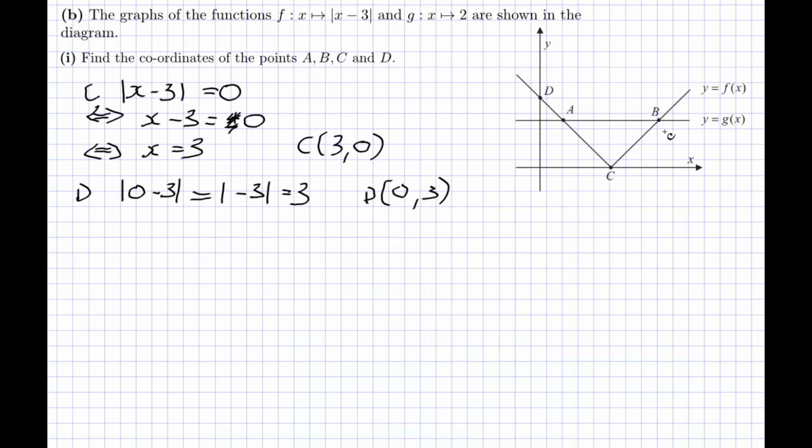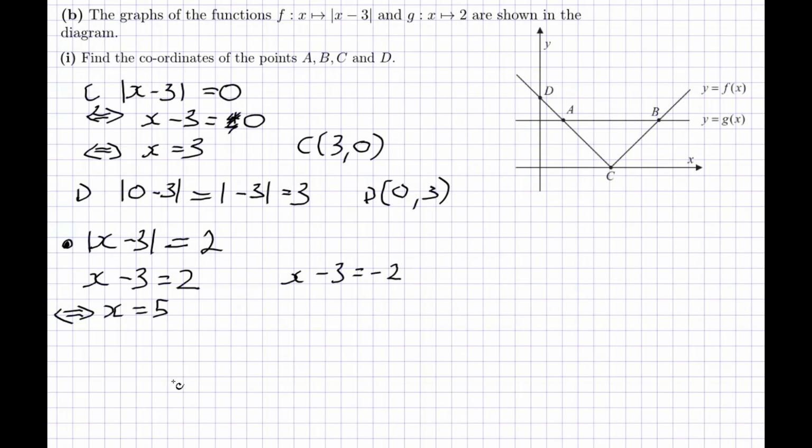Now, figuring out A and B is a little bit more difficult, but again, it's just an intersection. So I know that the modulus of x minus 3 is equal to 2. So we have one scenario where x minus 3 is equal to 2, and another scenario where x minus 3 is equal to minus 2. Well, in this first scenario, where x minus 3 is equal to 2, x is equal to 5.